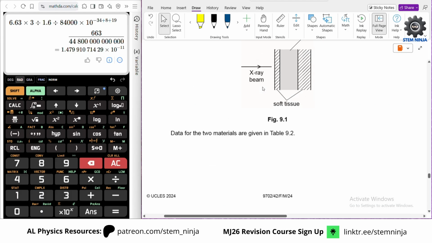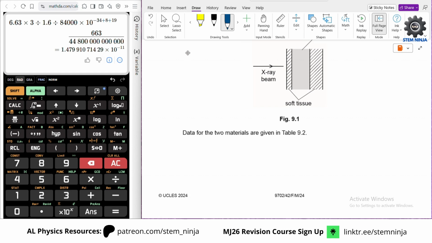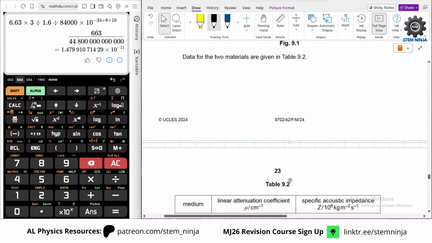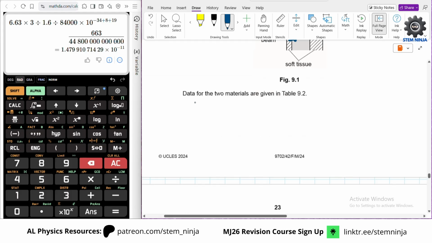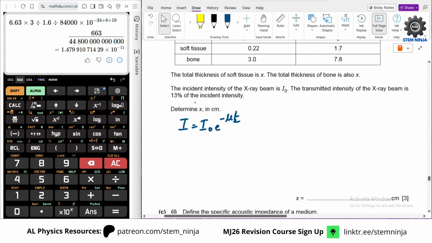So the effect will be compounded. The transmitted intensity from one of them will be the new I naught, and it will attenuate it differently. So the effect is basically compounded.